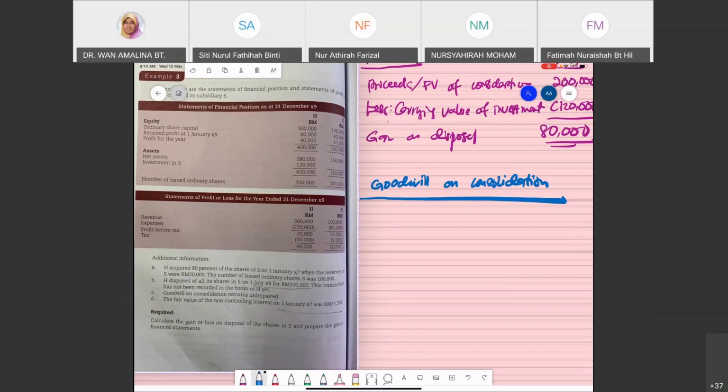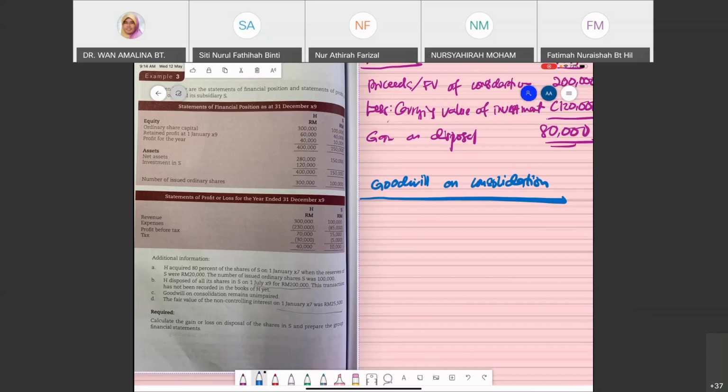Ni dia buat andaian macam ni. Andaikan dia jual semua, lepas tu seolah-olah lepas tu dia beli balik. Accounting treatmentnya seolah dia jual 100% and then dia beli balik jadi associate company. In such a situation, all the goodwill is written off. So dalam kes ni, semua goodwill memang akan dibuang.